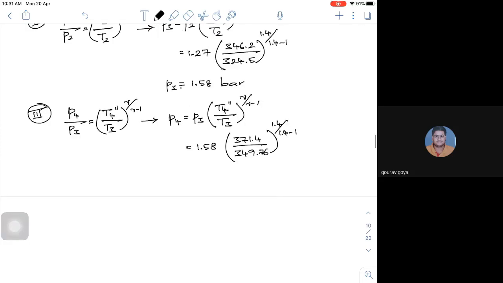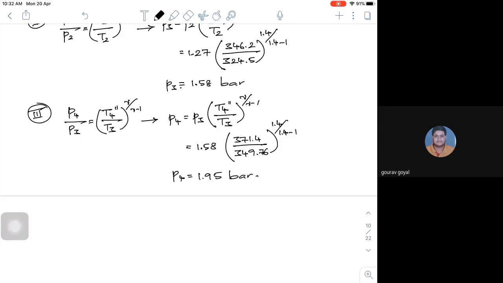If I calculate from my calculator, I'm getting 1.948 something, so 1.95 bar. So this is my P4.